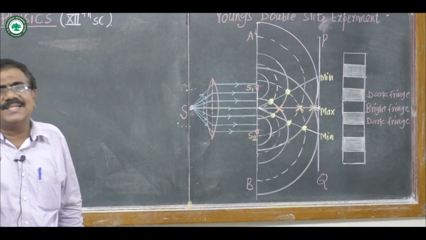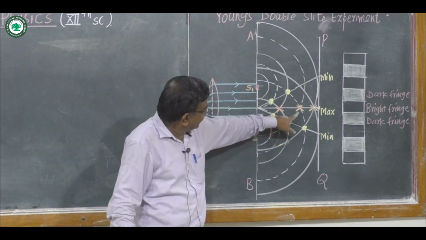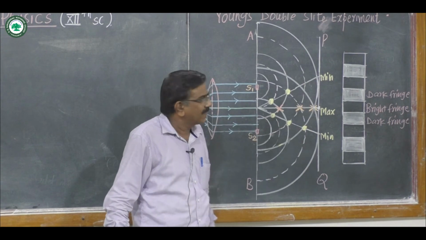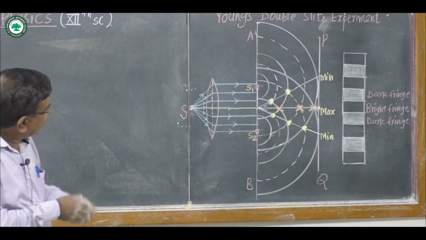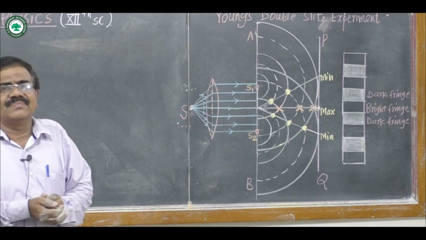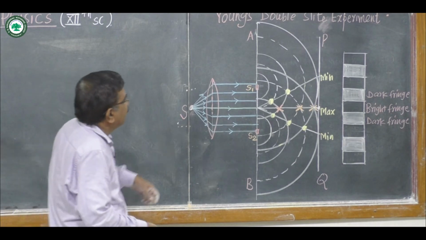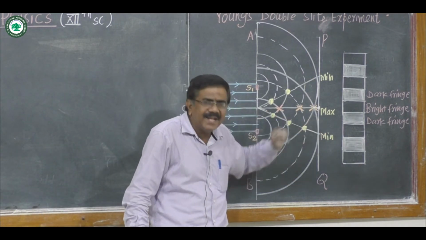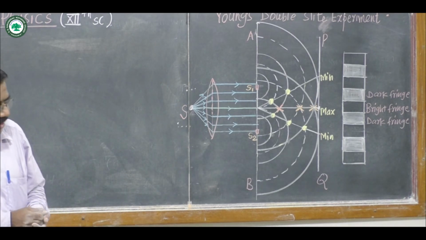At some points marked by the crosses, crest coincides with crest or trough with trough, the waves are in the same phase and we get a maximum intensity point, or a bright point on the screen.